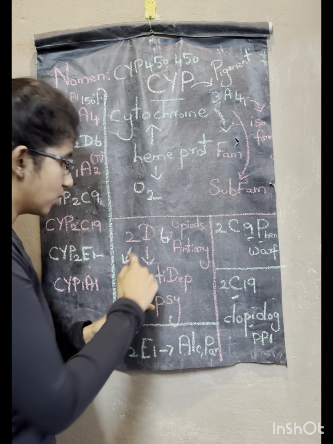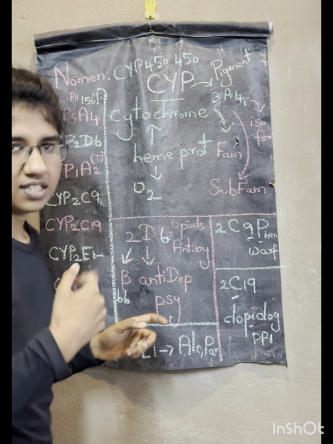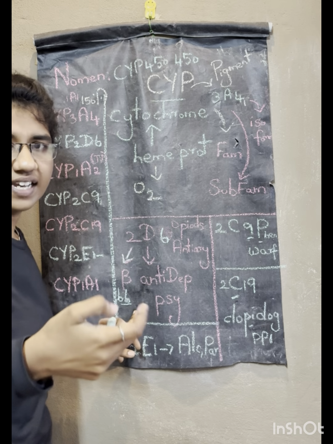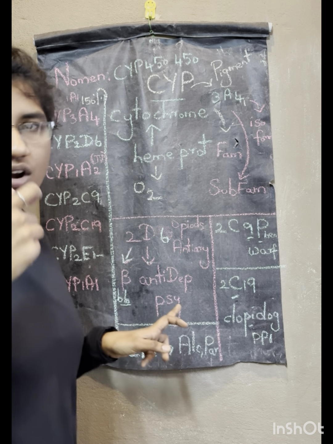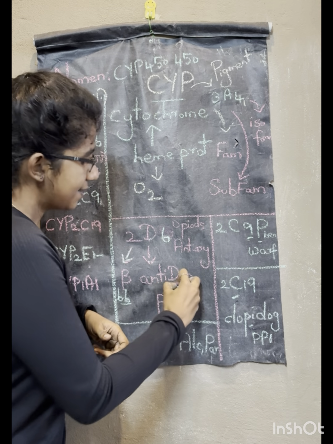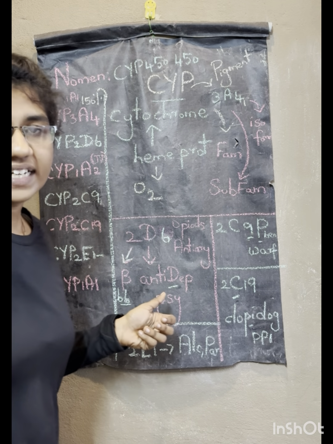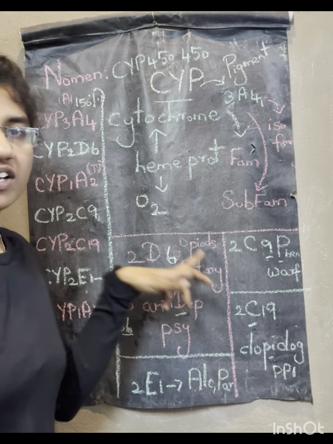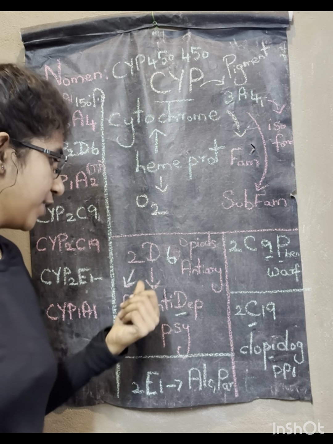For 2D6, remember 2 as beta blockers, which we will see in the next chapter, everything that ends with -olol. And D you can remember as antidepressants. It's very important: all the antidepressants and antipsychotic drugs are metabolized by 2D6. Opioids and antiarrhythmic drugs are metabolized by 2D6.